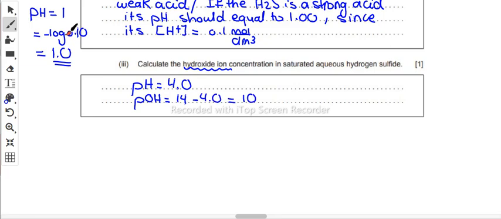Finally, in order to find the concentration of the OH negative, it will be 10 to the power of negative 10. So your final answer is 1 times 10 to the power of negative 10, and you are done.